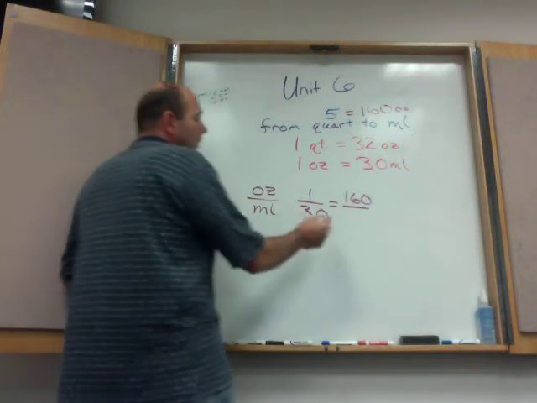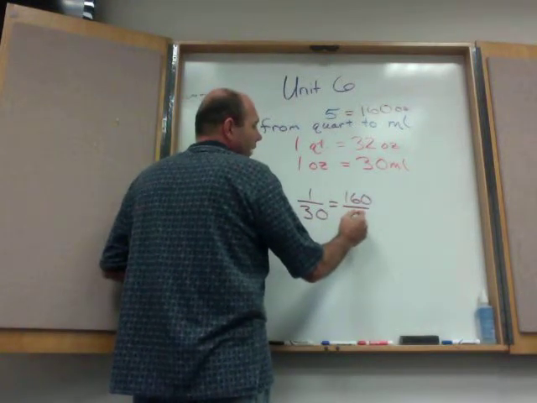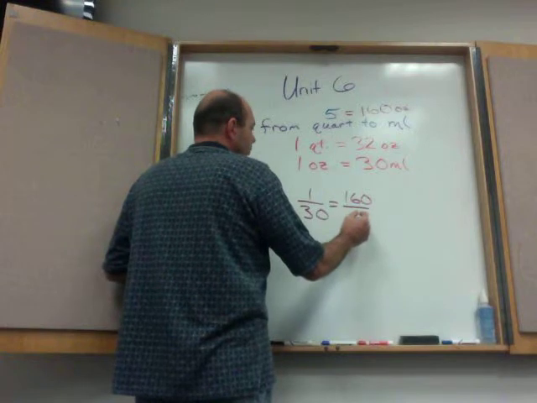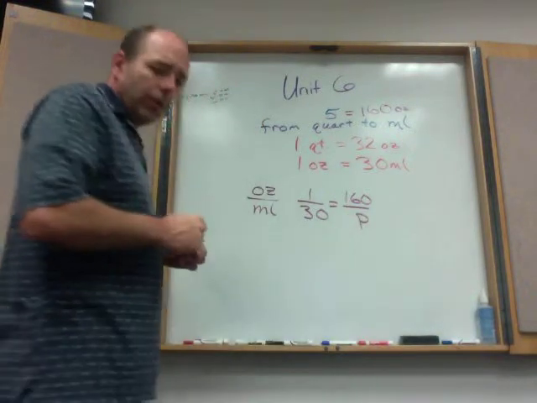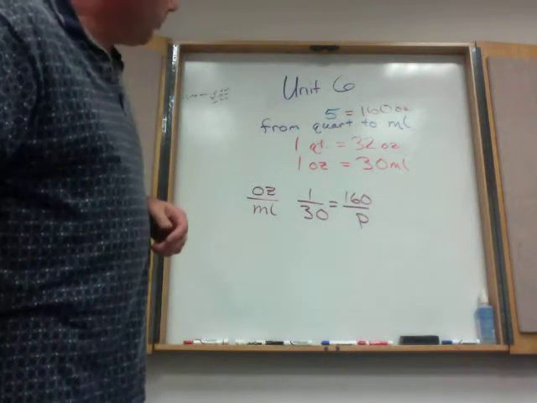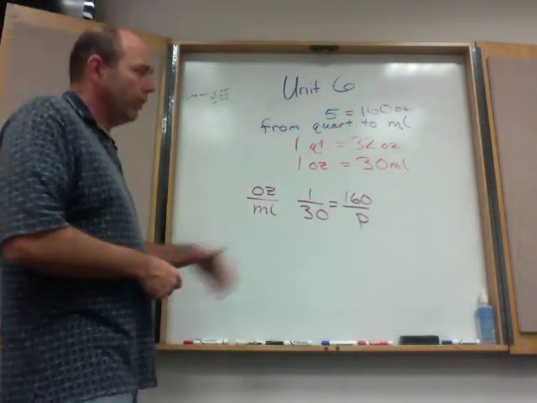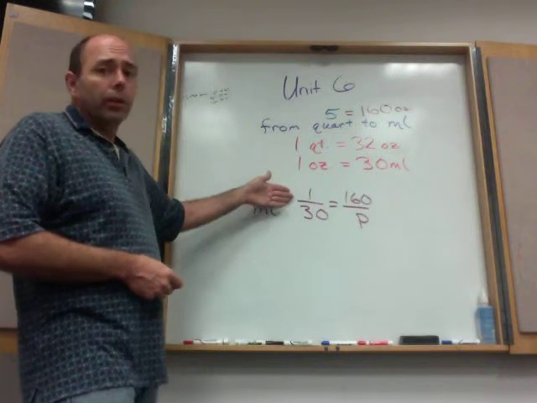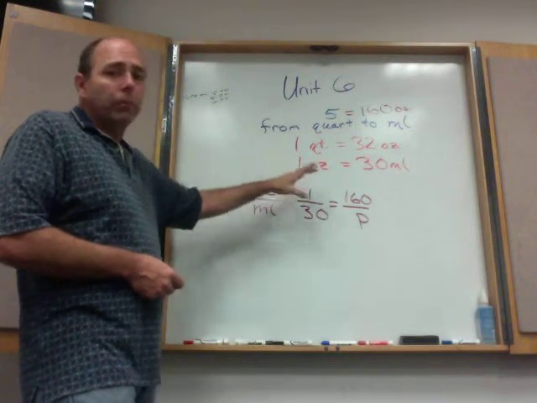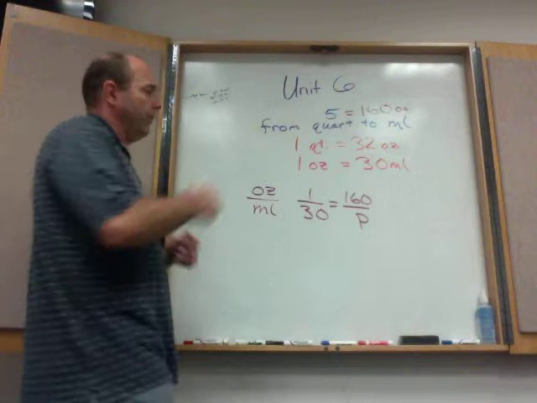And we don't know how many milliliters, but let's use P this time. So from this point, it looks very similar to what you've been doing this entire book. You just set up a proportion and you cross multiply and solve.